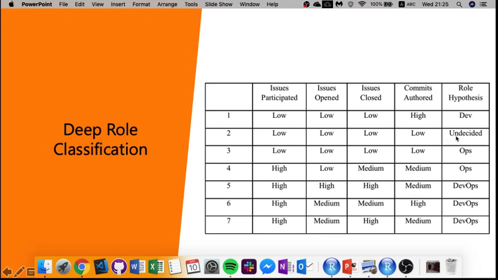So what we could do was to take the second cluster again and do the whole process again, but we didn't do it because what's the point? We had enough data to classify our software engineers into developers, ops and DevOps. So we took what we had and tried to evaluate their work based on the other metrics that we had.